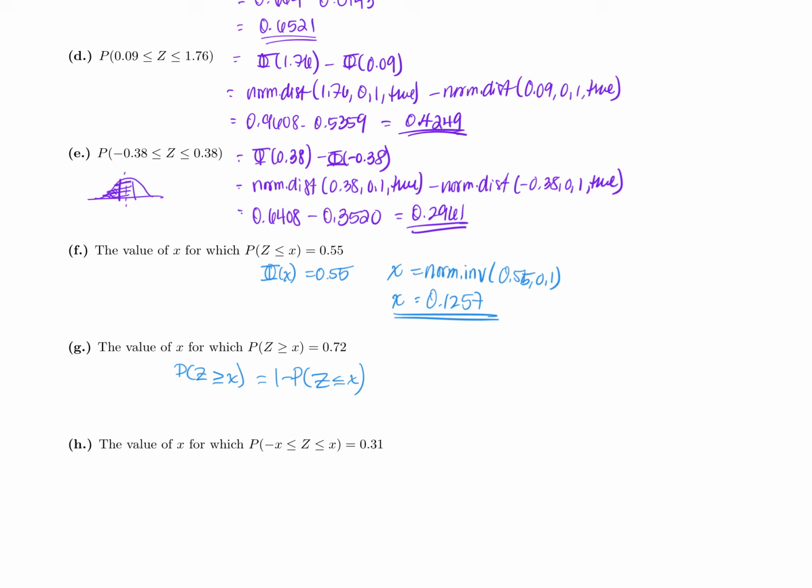And we know then that the probability that z is less than or equal to x is now 1 minus 0.72, or 0.28. And so now we need to find that x is the norm.inv of 0.28, 0, 1. And we end up with x being negative 0.5828.